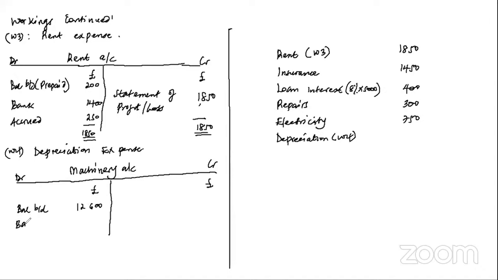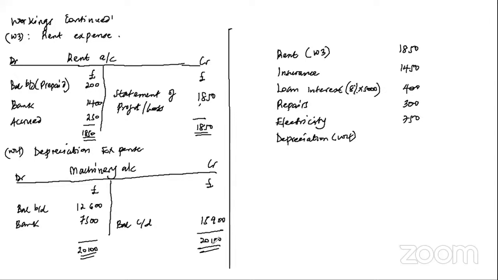Then during the year we acquired machinery of 7,500. But by the end of the year, we have a total value of machinery of 15,900. When you balance off this, the value of your machinery would have been 20,100.